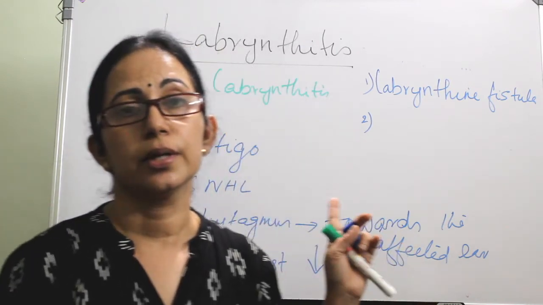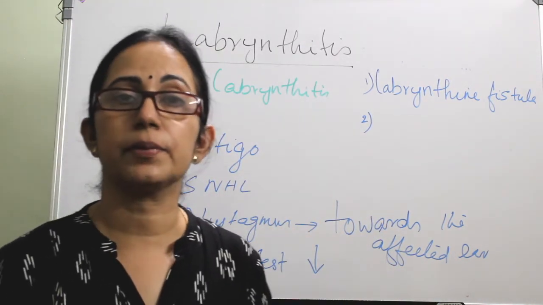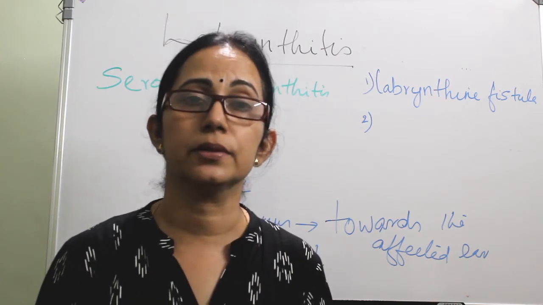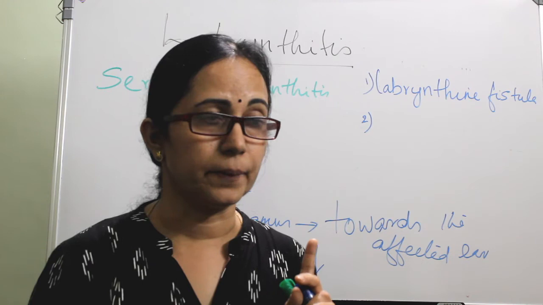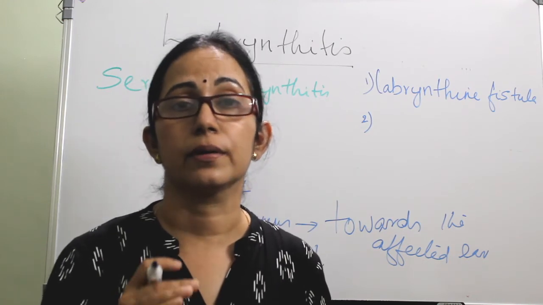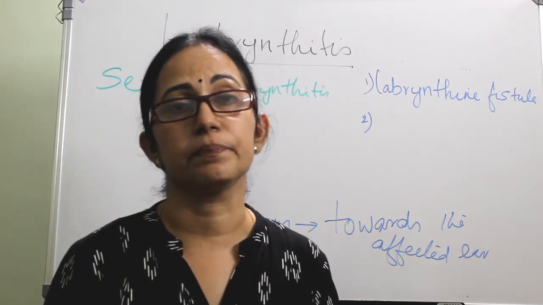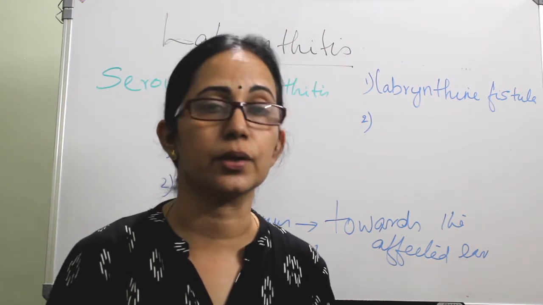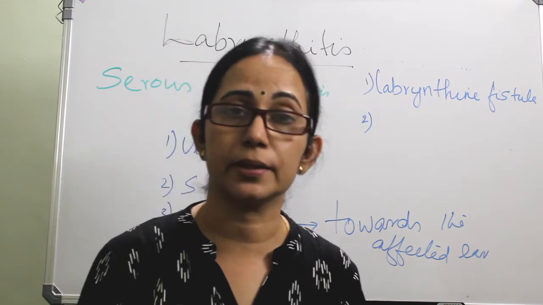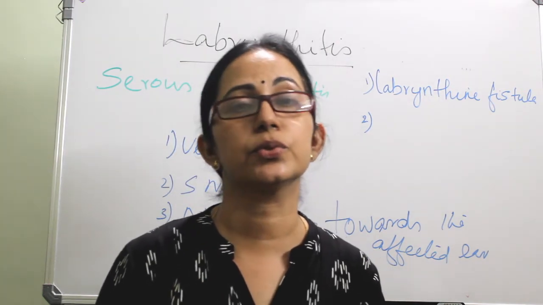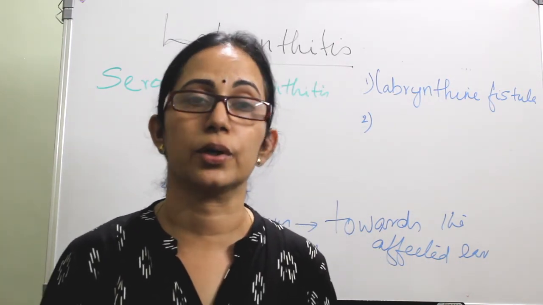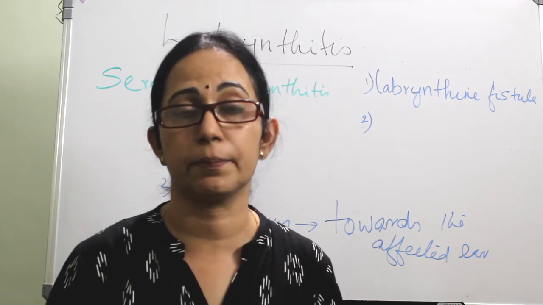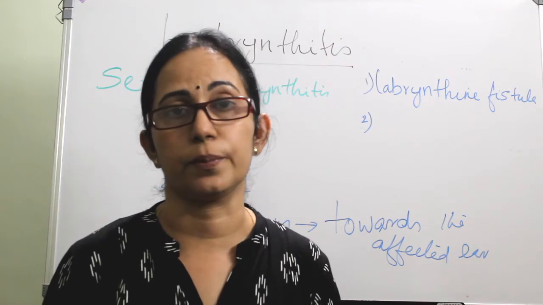Okay. So regarding serous labyrinthitis, it is a non-purulent inflammation of the labyrinth due to bacterial toxins or host immune mediators like cytokines crossing the round window membrane and causing inflammation. It is a completely reversible situation, usually associated with an acute or a chronic otitis media or surgeries of the middle ear like a stapedectomy or a fenestration operation.